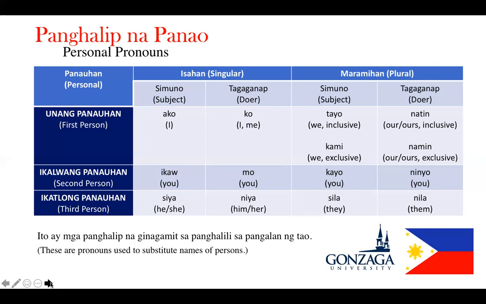Now, if the function of the pronoun is as a doer, here in the last column, natin translates to our, ours, or it also means inclusive, meaning you're included as the one speaking because that's first person.